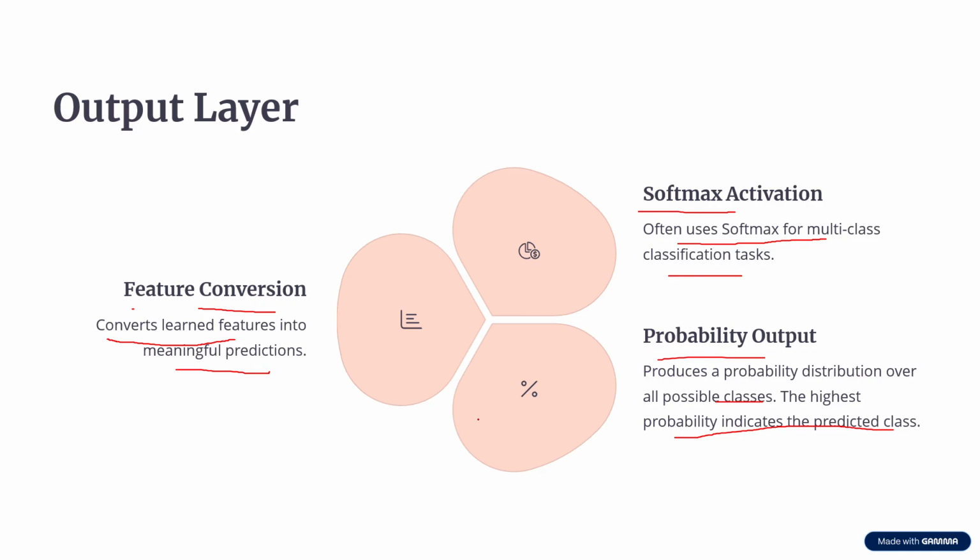A real world example is medical diagnosis. A CNN might say 80% chance of pneumonia, 15% normal and 5% bronchitis.